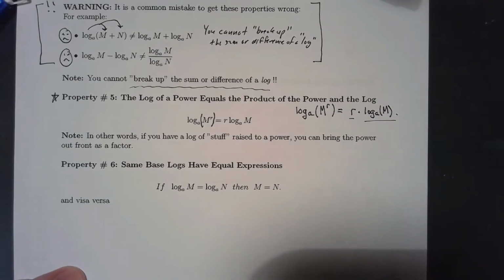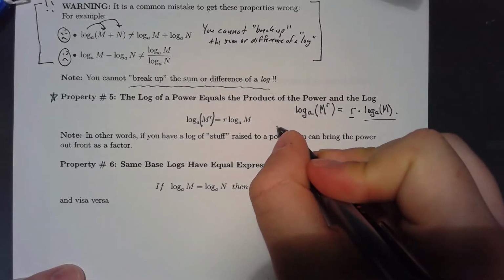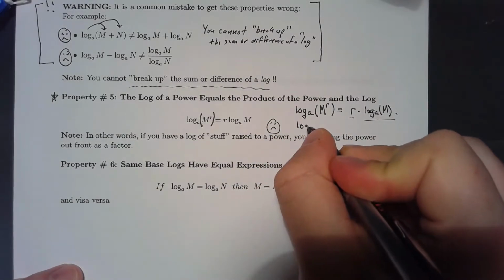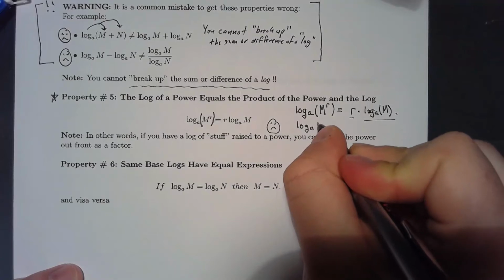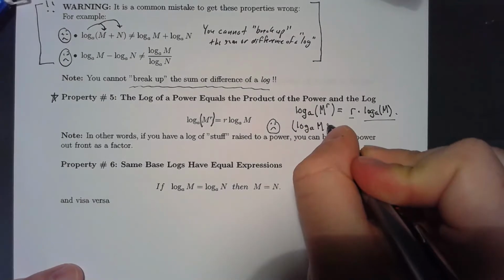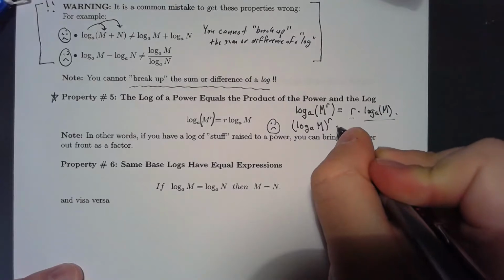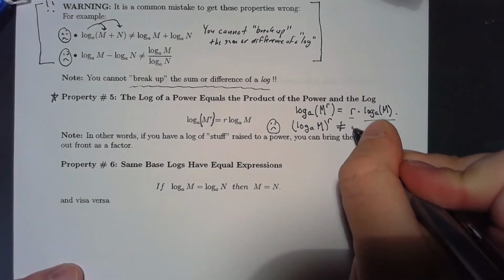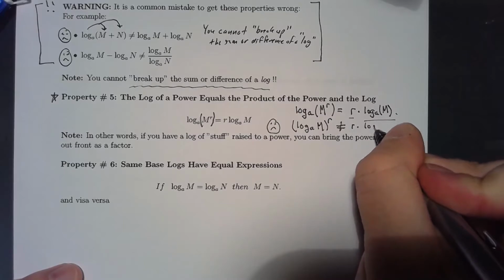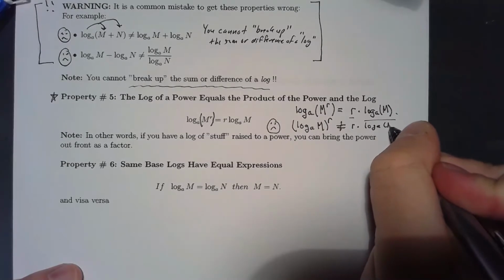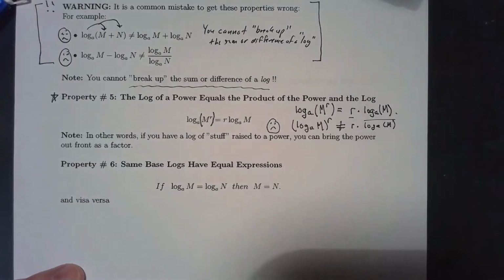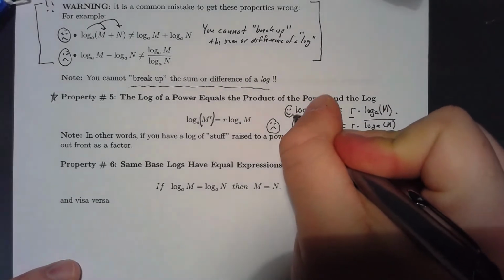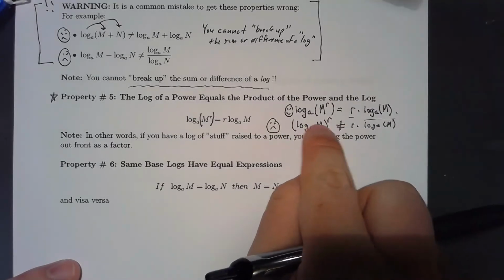Don't confuse that for this. This is completely different. You cannot do it for this. All right, you cannot do it for that. This one works. That one doesn't. You have to look at the difference here.